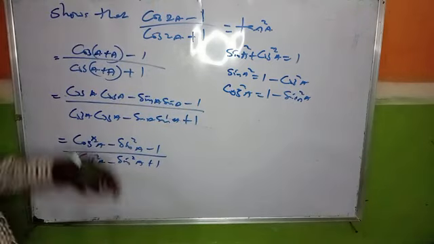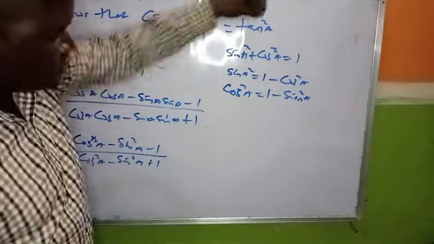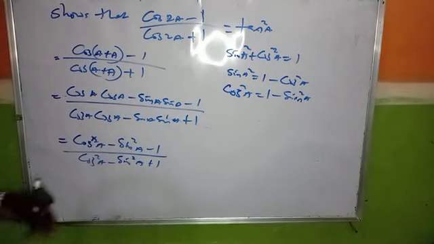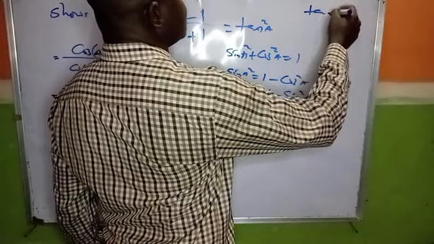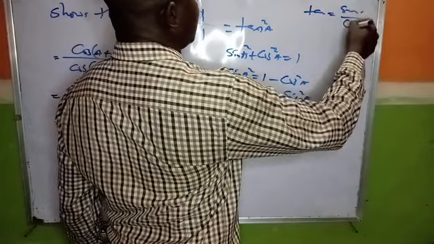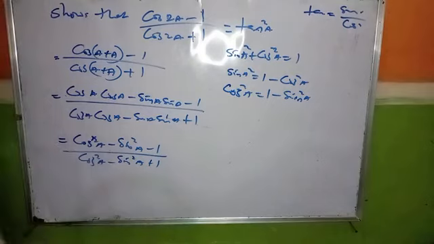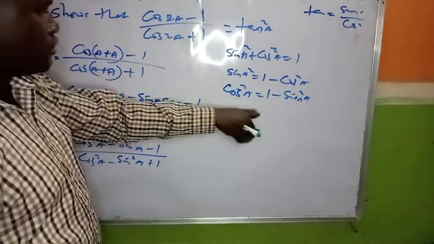So what they also prove is that this equal to tan. So how are you going to have tan? Tan, as I told you, is sine over cos. So for here, you replace this one with this.